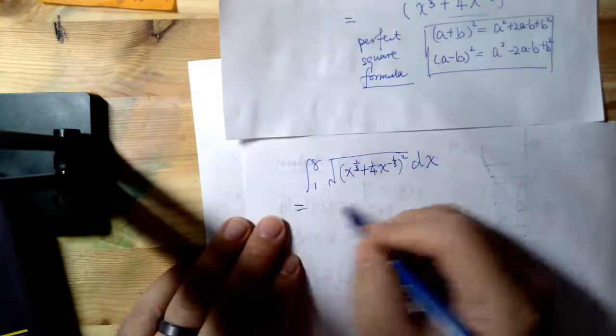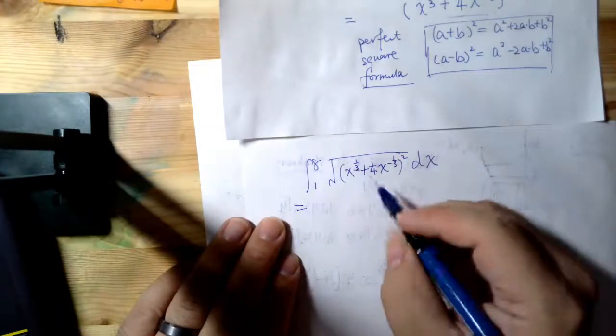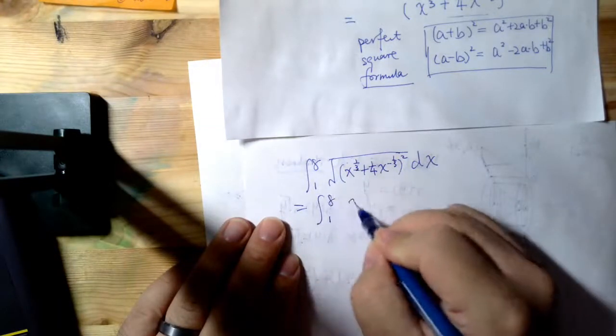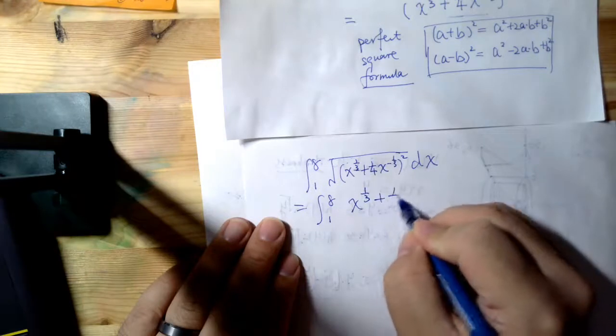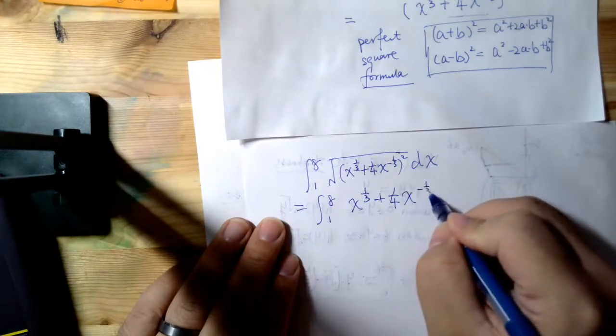And like I said, you'll see the square root and the square cancel out, so it's the integral from 1 to 8 of x to the one-third plus a quarter x to the power of negative one-third dx.